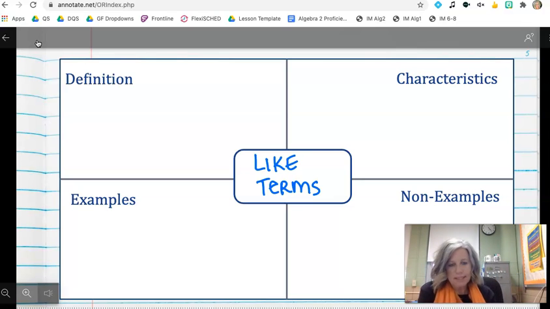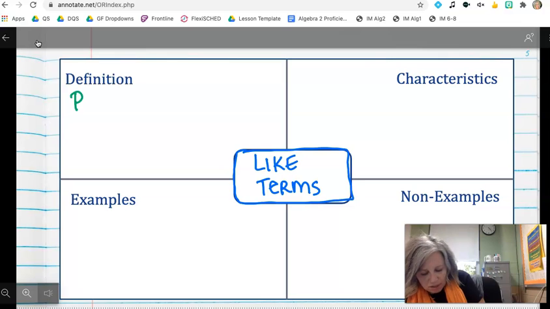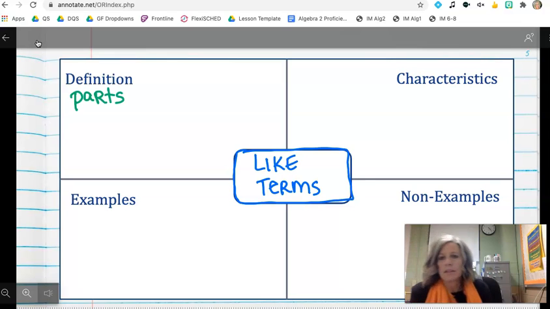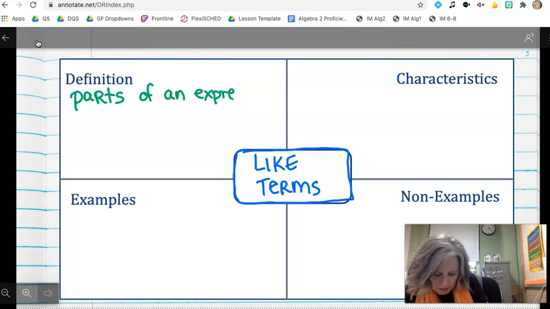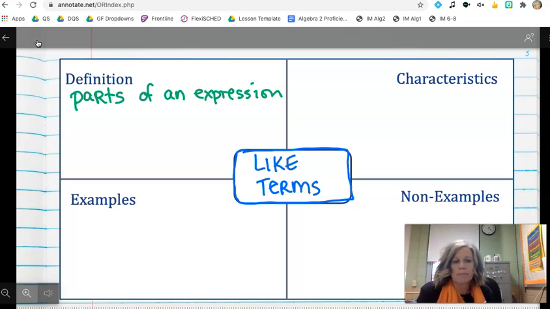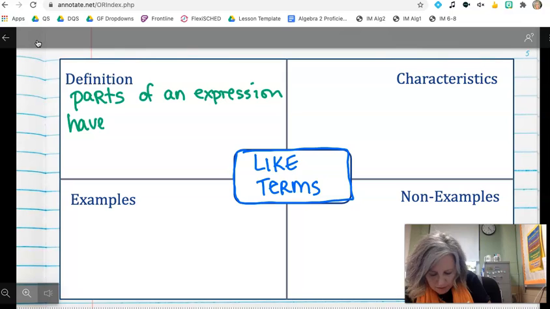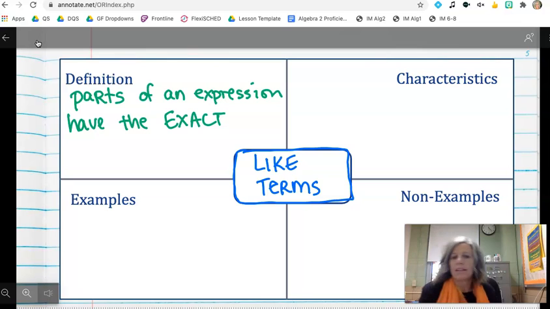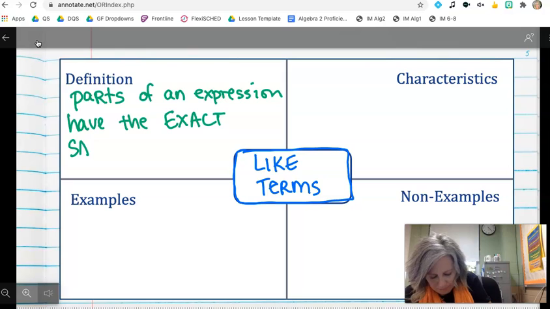All right, so let's define. I'm going to change colors here. What does it mean to be like terms? All right, well, these are the parts of an expression, okay, that have the exact same variable.